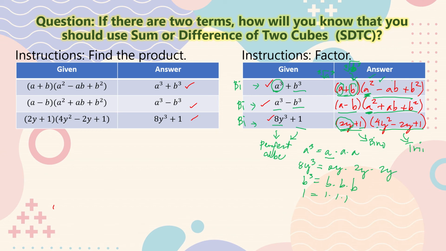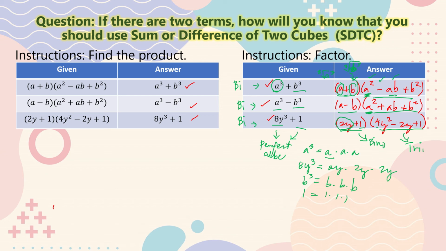Down to the second term. How do we get AB? The second term is just the product of the first term in the binomial and the second term of your binomial. So A times B, you'll get AB. Let's proceed to the third one: 2y and 1.